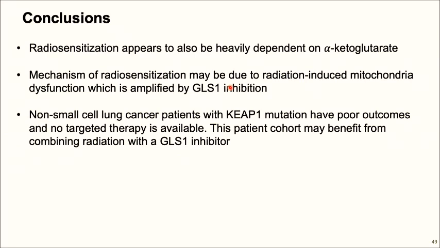Non-small cell lung cancer patients with KEAP1 mutation have poor outcomes, and no targeted therapy is available for this cohort of patients. So this cohort of patients may benefit from combining radiation with a GLS1 inhibitor. The next step of this work is to produce more robust data to support a clinical trial to combine this GLS1 inhibitor that was discovered at MD Anderson with radiation in KEAP1 mutated patients.